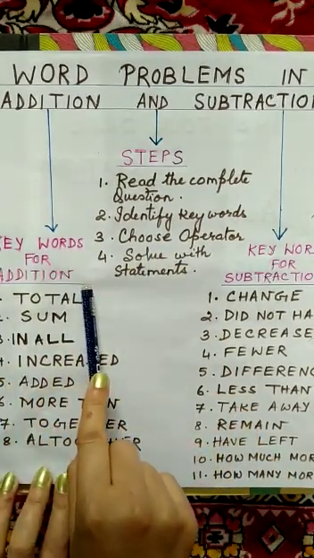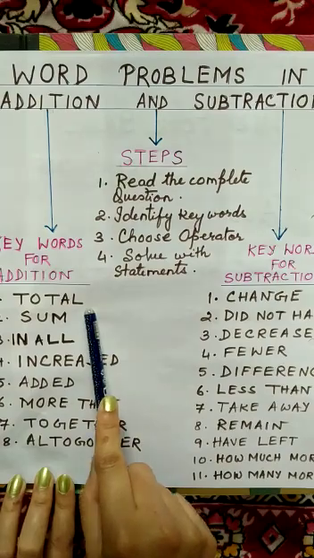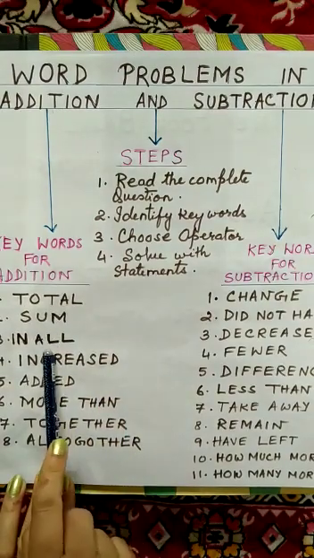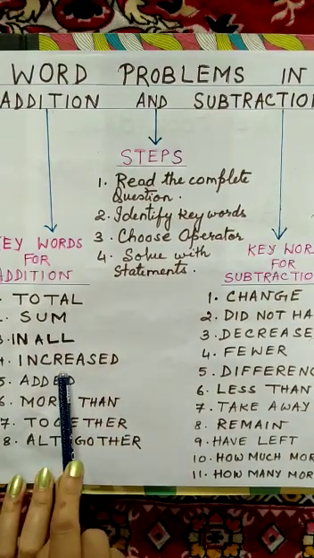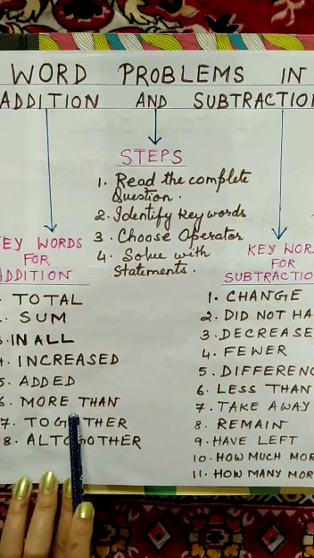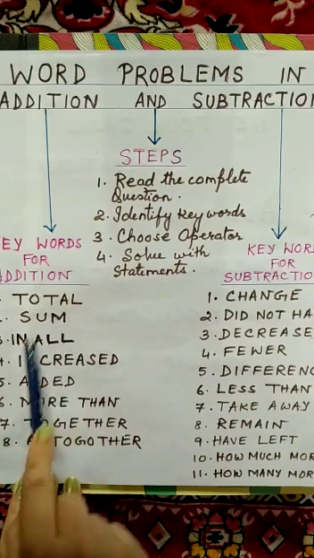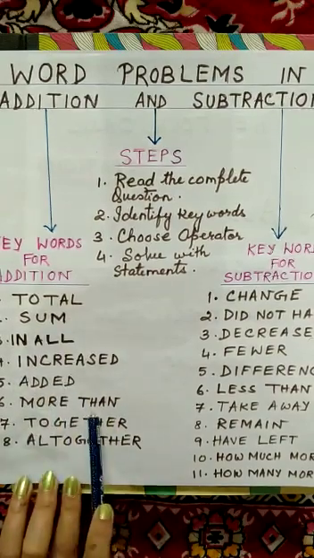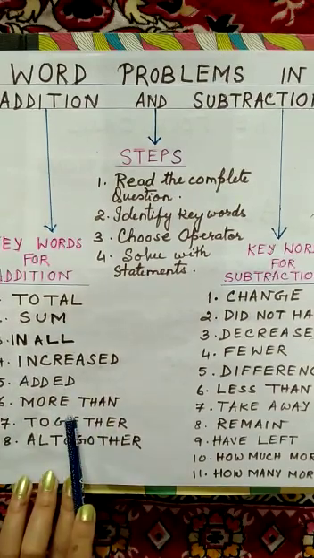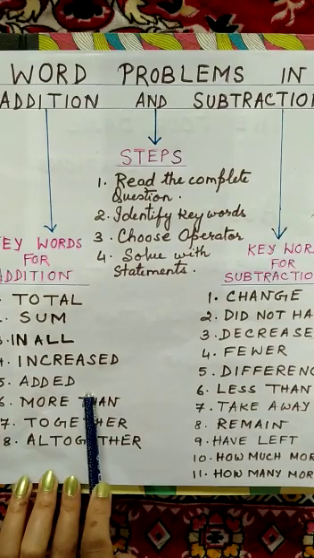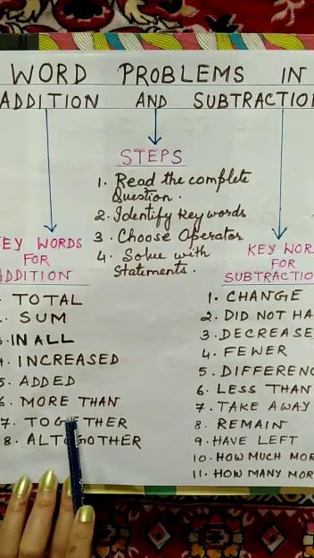Keywords for addition: total, sum, in all, increased, added, more than, together, altogether. When you find all these words in a sum, it indicates that the sum is for addition.